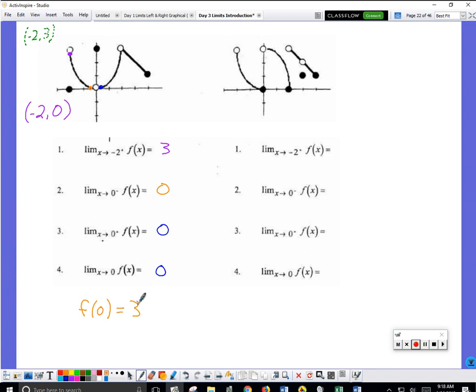So now we want to make our X coordinate closer to 2. It's got to be one of the dots. Where is the dot?